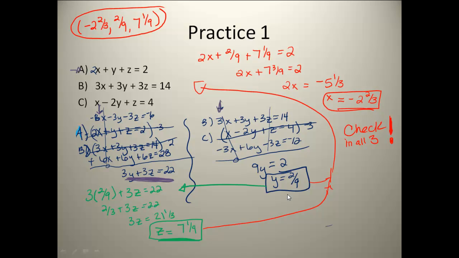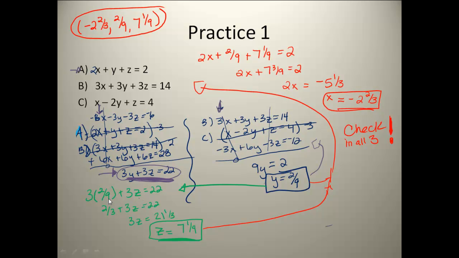Then I took that and I combined it with this equation right here. Now I could have gone back and plugged it into one of these equations up here and then set up a third system, but it is much easier to just take this y equals 2/9, bring it over and plug it in for my y value here, because that's going to allow me to solve for z.